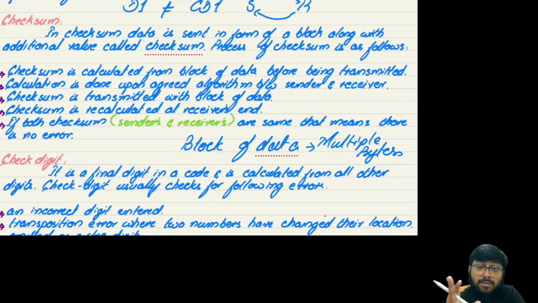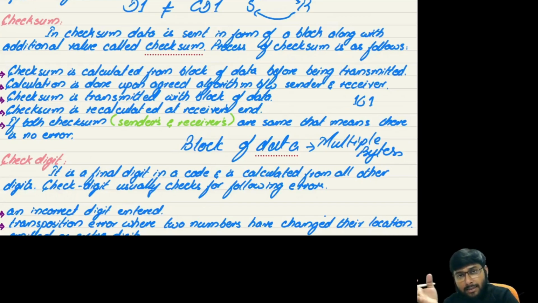Now checksum is recalculated. For example, the calculated checksum was 161. Now checksum is recalculated once again at the receiver's end with the similar algorithm that was agreed between the sender and the receiver. If this value is similar to the value that was calculated earlier, that means your data has been transmitted correctly.